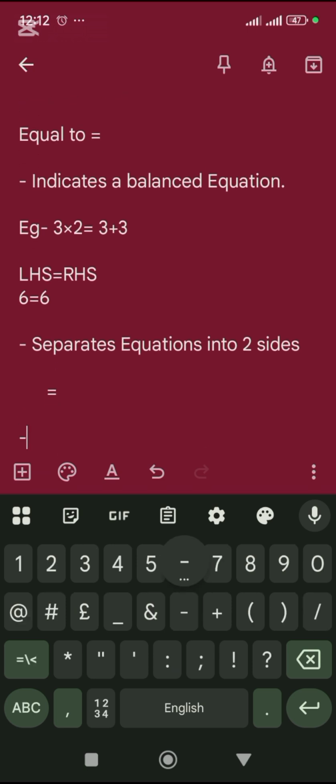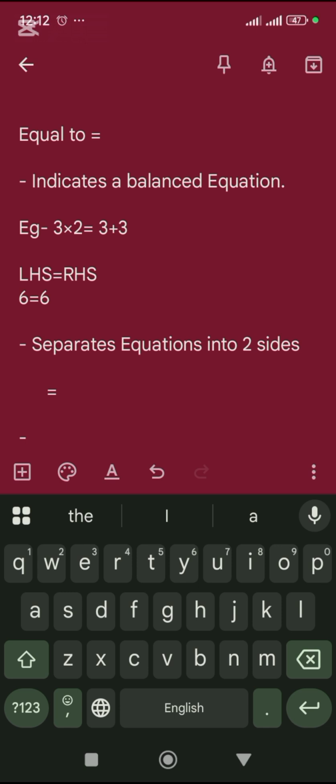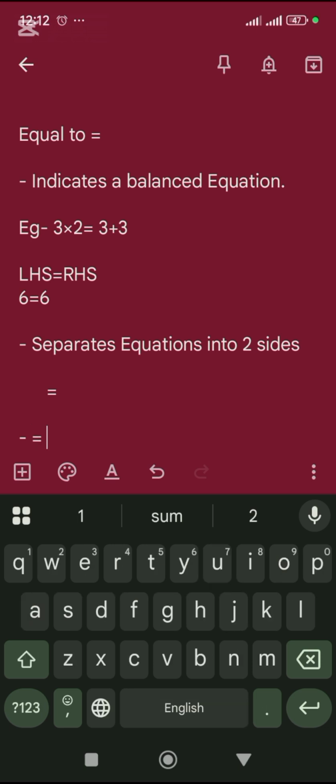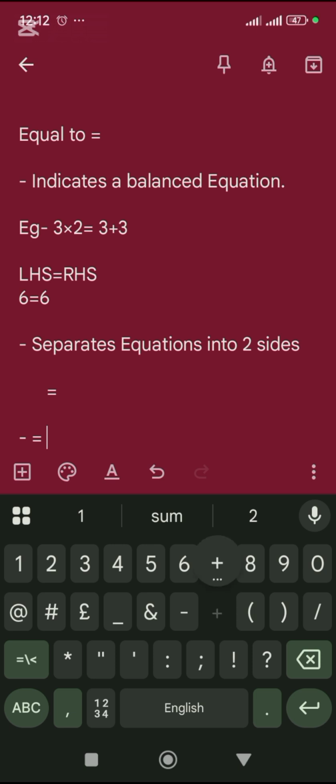Okay. Now let's talk on another thing that involves the equal to sign. Every time you have a positive sign or a negative sign crossing an equal to sign, it will change. When you have a negative sign crossing from the left hand side to the right hand side, it changes to a positive sign. When this positive sign crosses over to the left hand side, it changes to a negative sign.